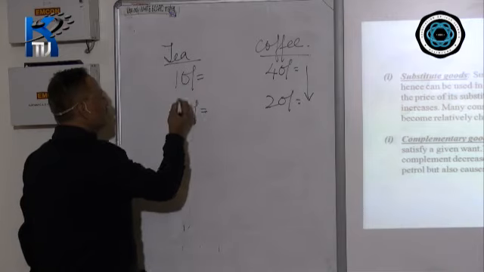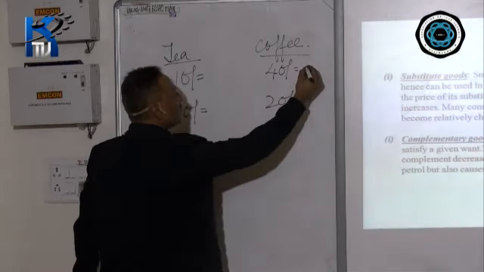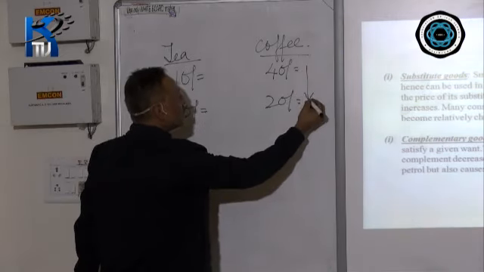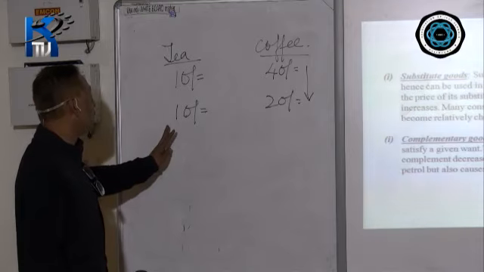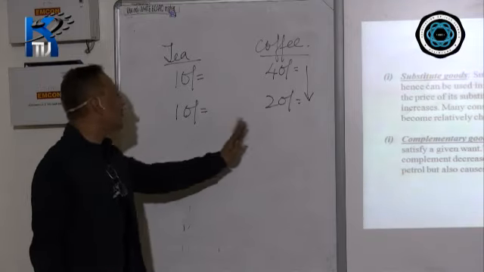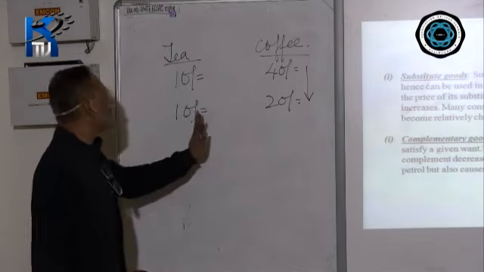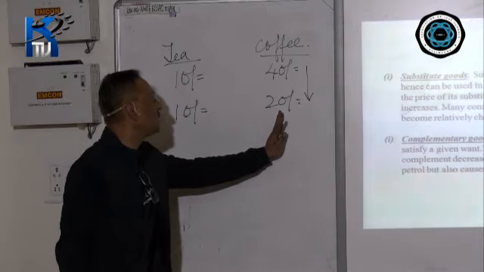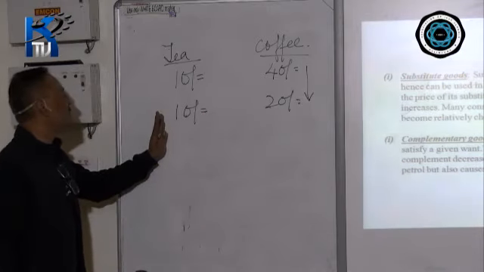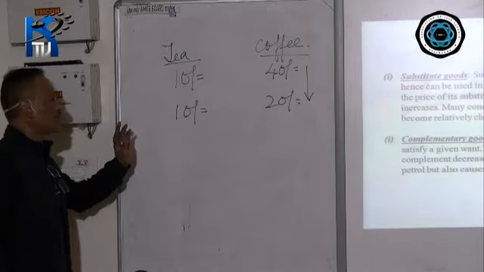So when the price of tea remains the same, and the price of the substitute good coffee falls, what will happen? People who are drinking tea at 10 rupees may think that it's only 20 rupees, let's switch over. So demand for coffee increases and demand for tea will decrease.